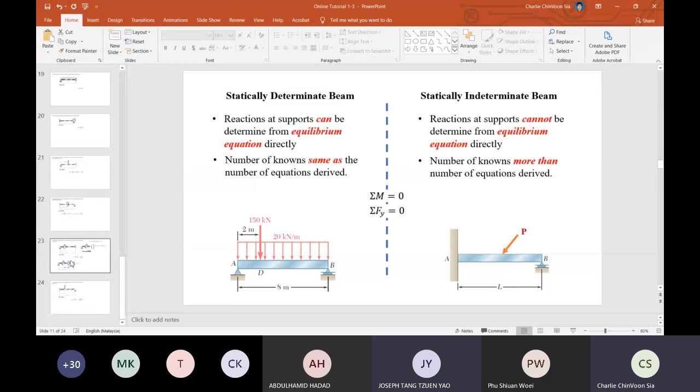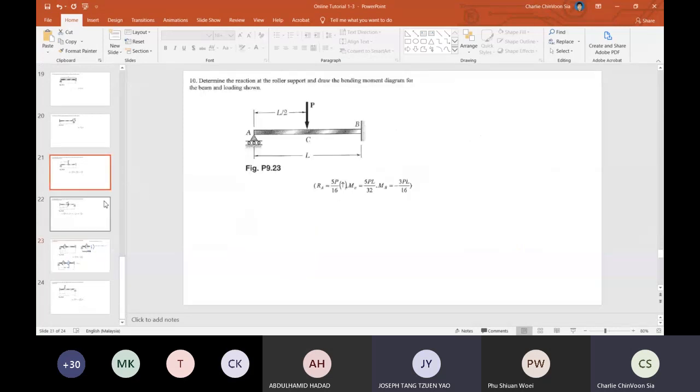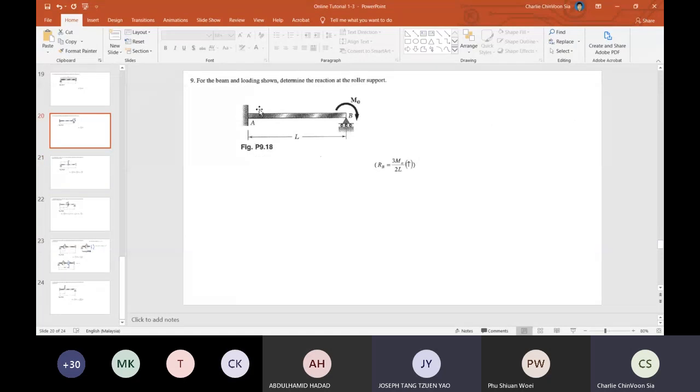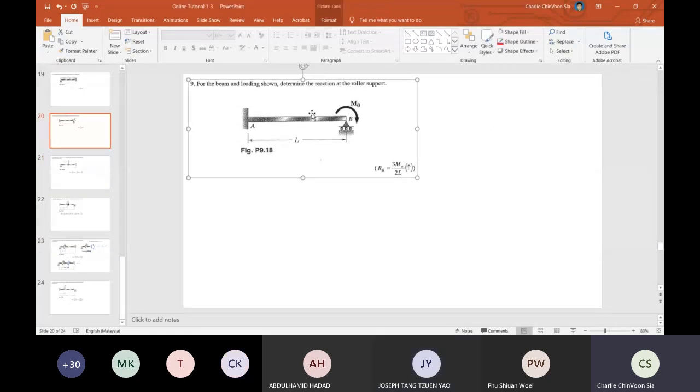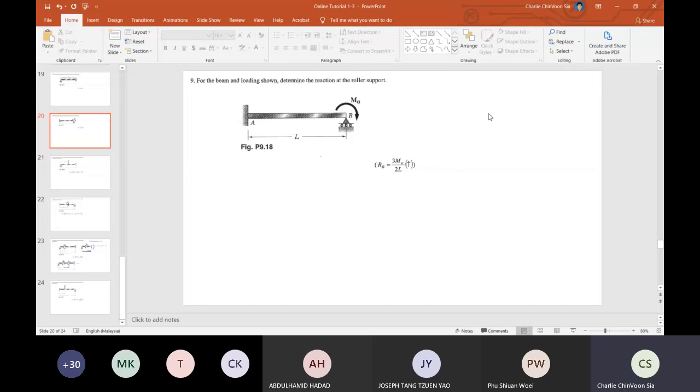Basically, looking at the pattern of the questions, for a statically indeterminate beam, the question will ask you to determine the reactions first, for all the supports.